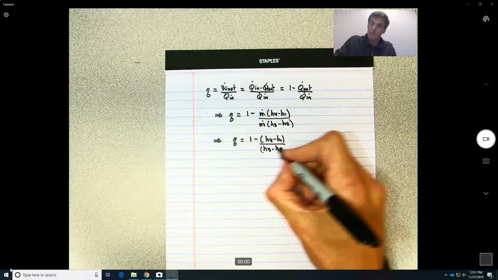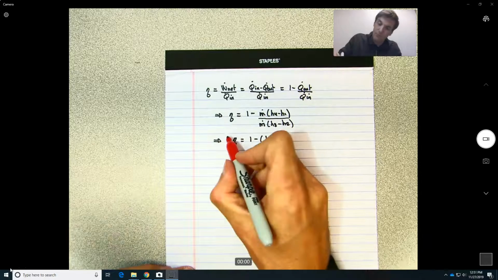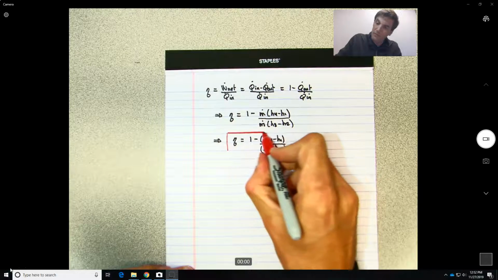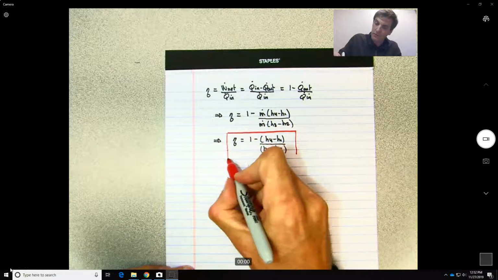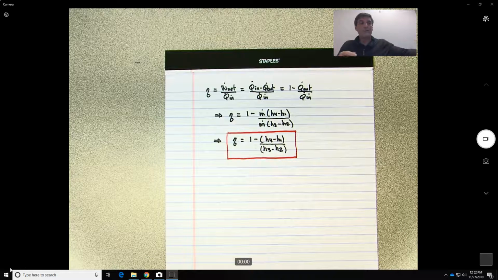So this should give you the same result as the previous expression. Okay, so this is the efficiency for the ideal Rankine cycle.